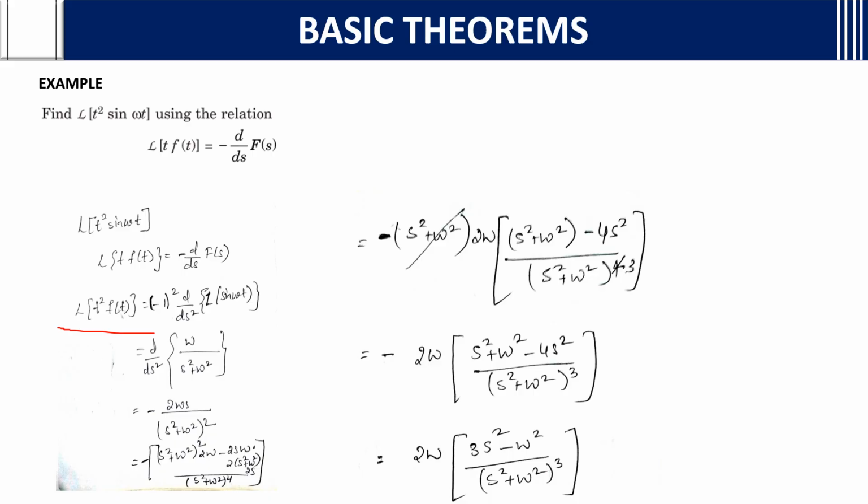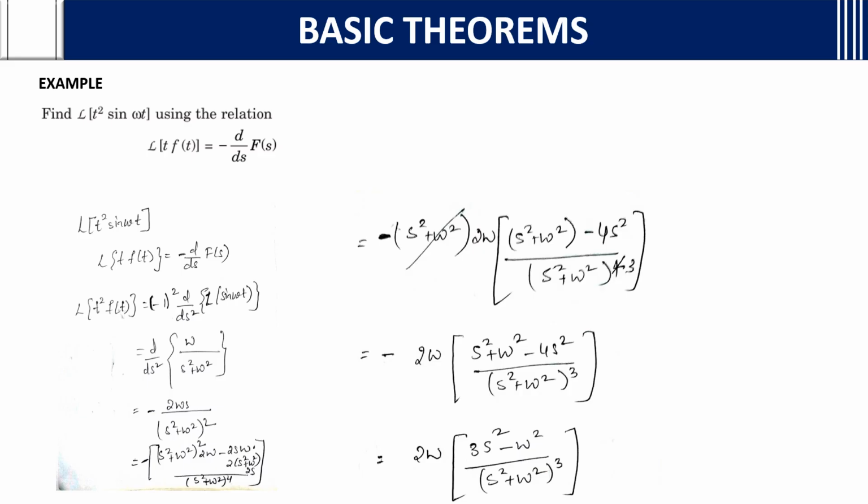We have already seen this in the previous video. The formula for the Laplace transform of sin omega t is omega by s square plus omega square. Understood? Omega by s square plus omega square. It is omega, not w, because it is frequency. If you differentiate this, it is in the form of u by v. But here the differentiation is with respect to s only, so no need to take u by v.